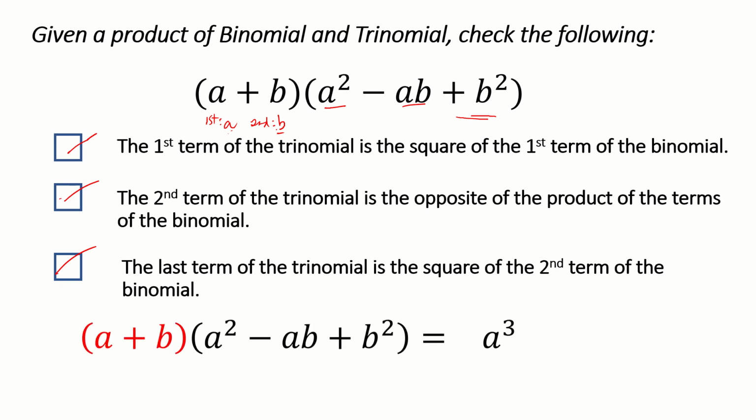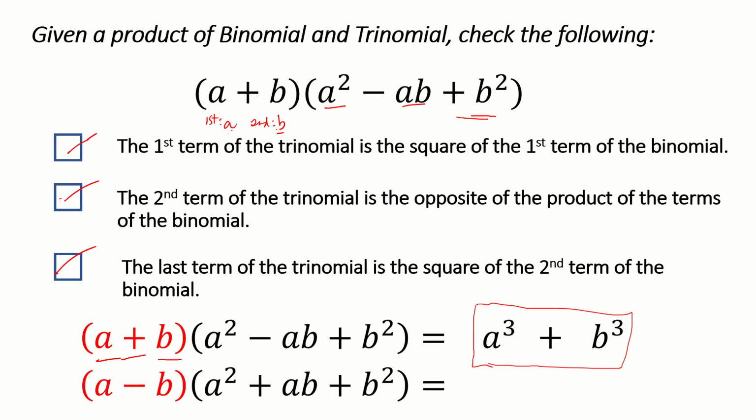That means that the product would just be the cube of the first term of the binomial plus, because it's a plus here in our binomial, then the cube of the second term of our binomial. So that's the shortcut.